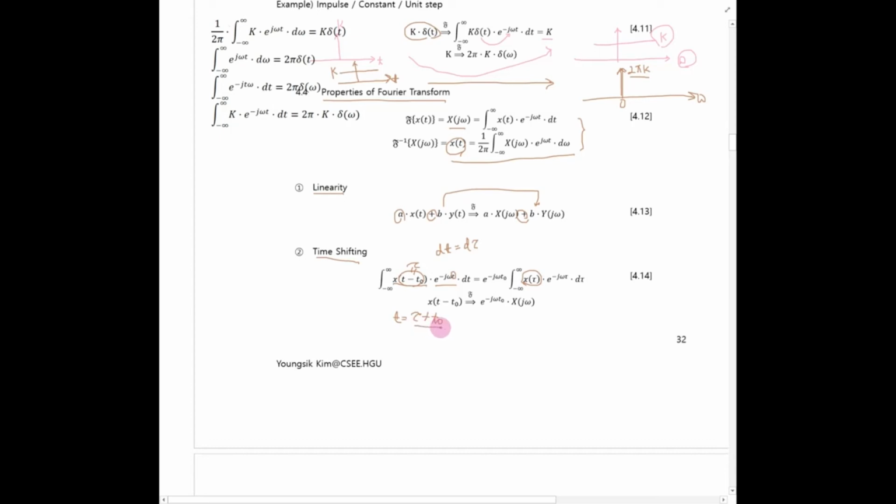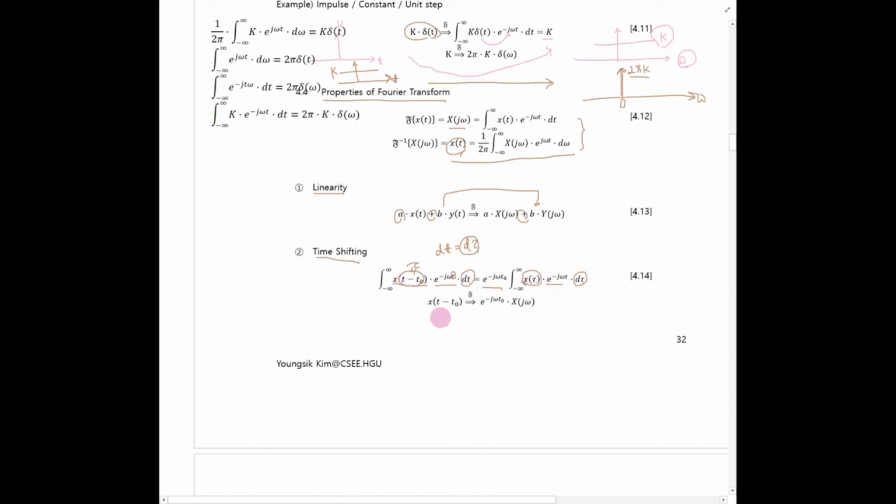Then we can replace t with this value, which gives e to the minus j omega tau and t0 terms. Tau changes from minus infinity to infinity as t goes from minus infinity to infinity. So we can write it in this way.